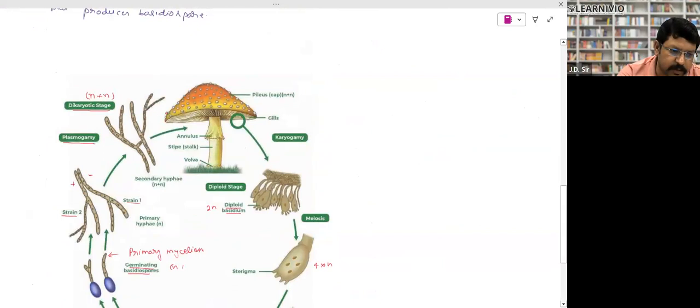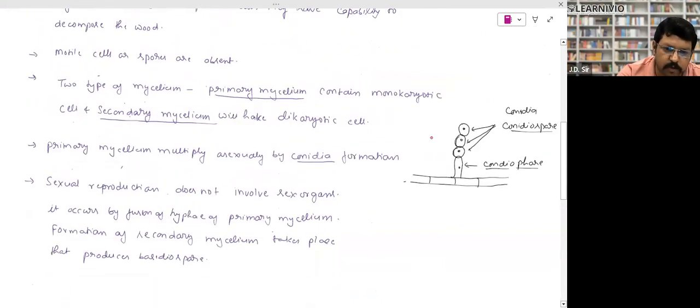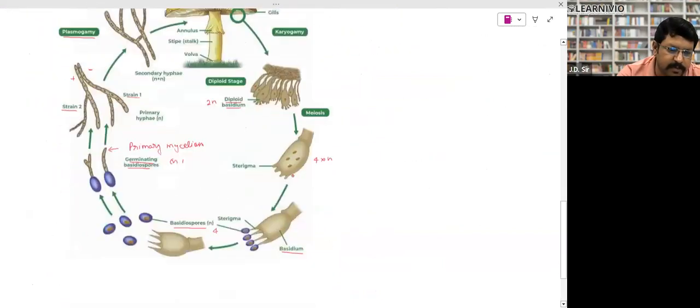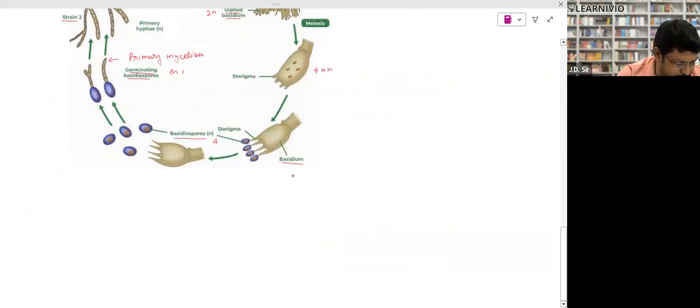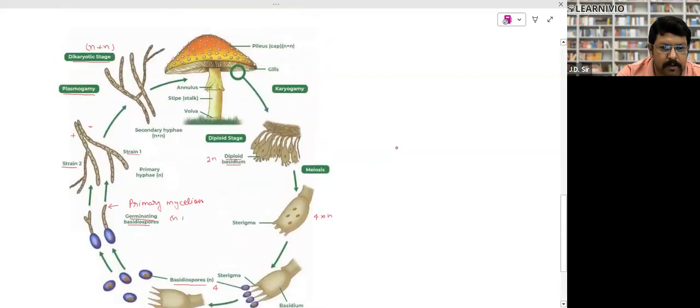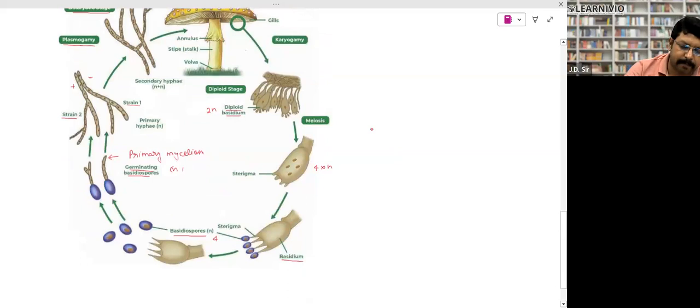This is asexual reproduction. In asexual reproduction, I told you that formation of the conidia will take place, right? And let me write it down one more thing. By the way, I have told you already.